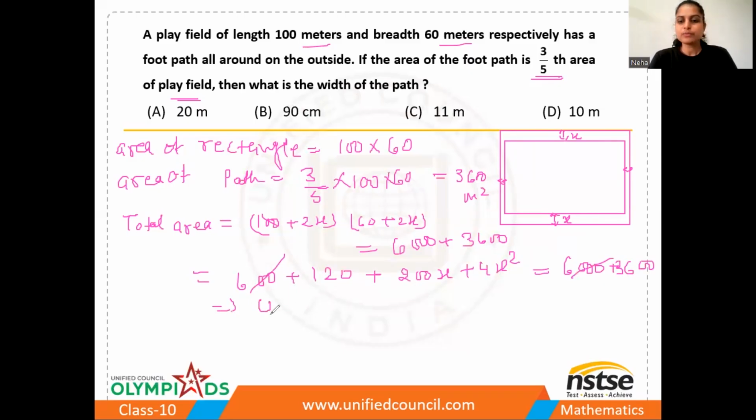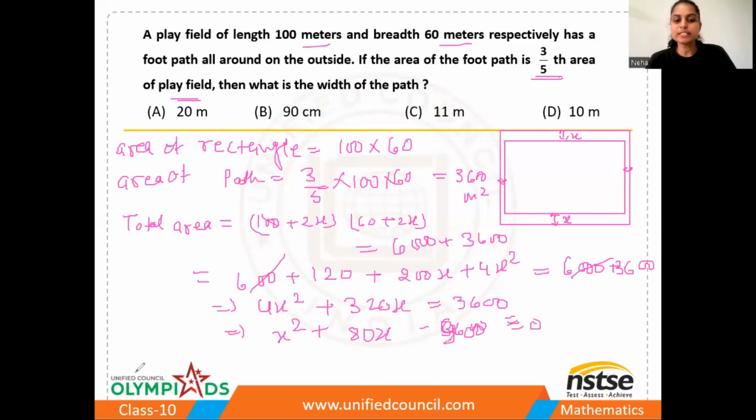So it becomes 4x square plus 320x is equal to 3600, right? Which is a quadratic equation, right? And I can simplify it a little bit more. So it becomes x square plus 80x, and this I can write minus 3600. Oh, sorry, this is 900 now. So this is minus 900 equal to 0.